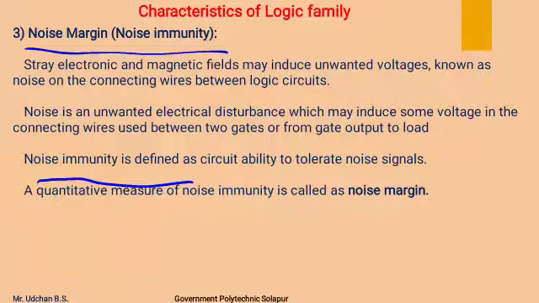And the quantitative measure of noise immunity is called the noise margin. That is, noise margin indicates the amount of noise allowed to be introduced in a circuit which will not affect the output.